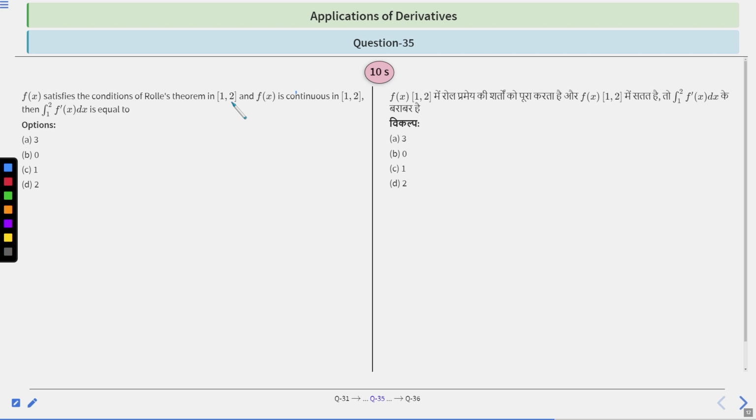Clear? That is the statement of Rolle's theorem. So you can easily apply the three conditions of Rolle's theorem, and you can easily get the value of this term, right? So by this method, you can approach the question. You have 10 seconds to solve this question. After 10 seconds, we will discuss the solution.